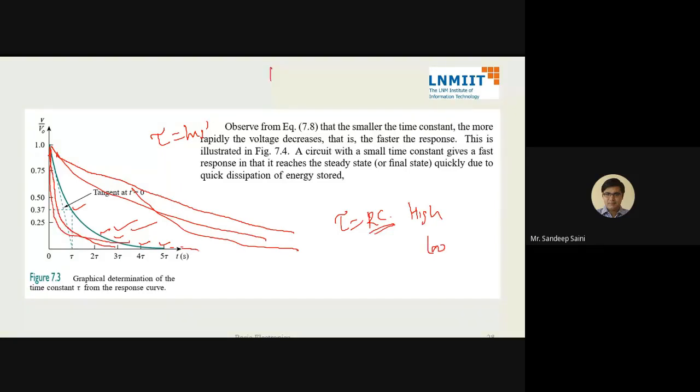If you have a series combination of resistor and capacitor, sorry, parallel combination, can you discharge this capacitor immediately? No, sir. Anyone with yes?